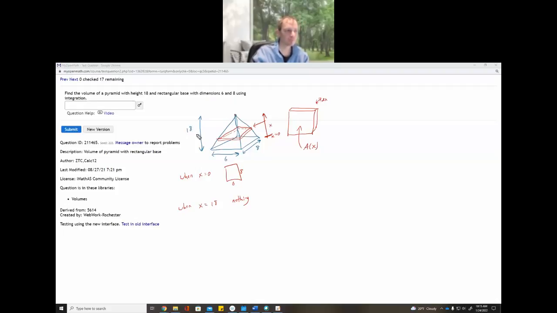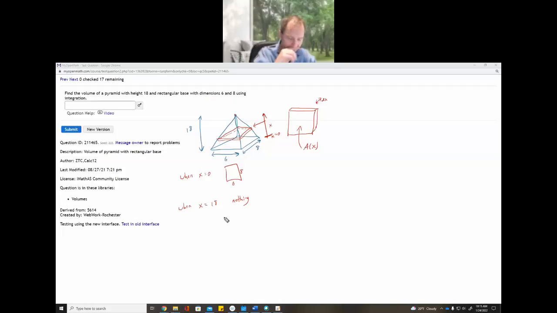So I want to think about that proportionally. Let's suppose I go halfway up, then it should be a 3 by 4, right? So you could think of that as being proportionally as high up as x has gone. That's how much we have shrunk our dimensions by.